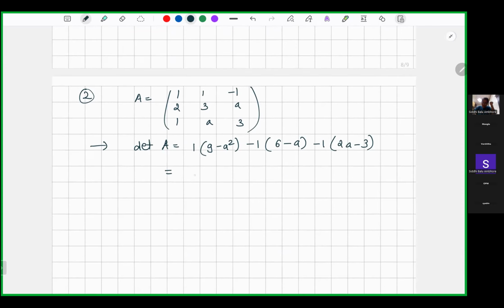So if I calculate this, this is 3 minus A, 3 plus A, minus 6 minus A, minus 2A plus 3.